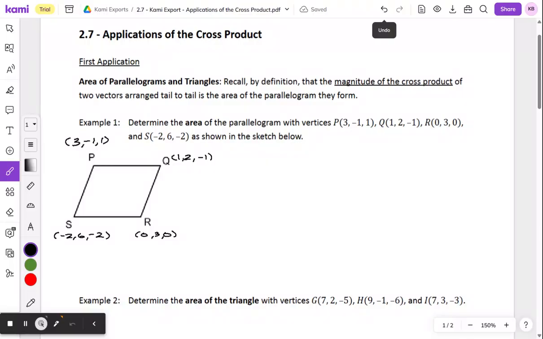When we talked about the cross product originally, we defined the magnitude of the cross product as the area of the parallelogram that is formed by the two vectors coming together tail to tail. So the very first example that we will do is just exactly this example.